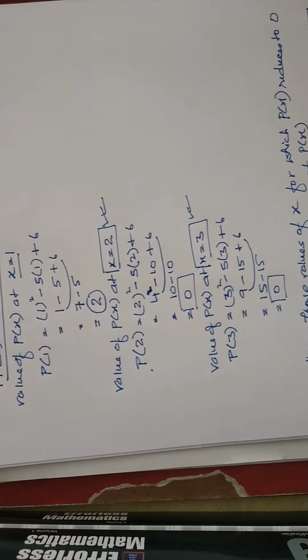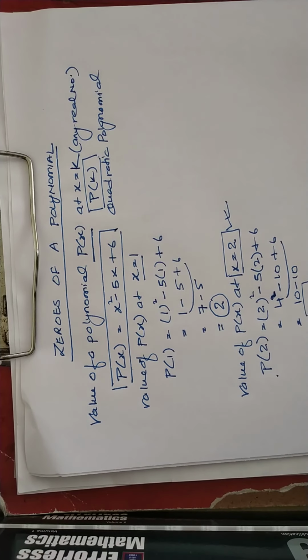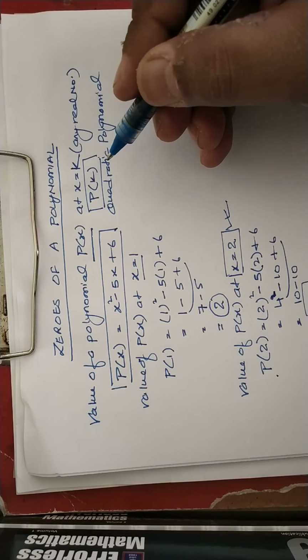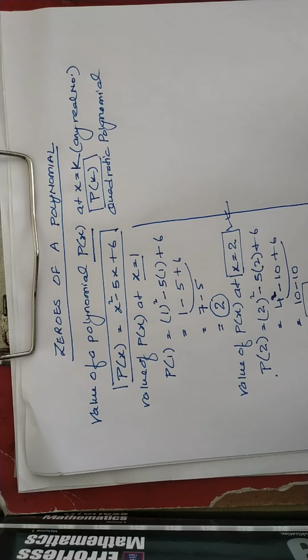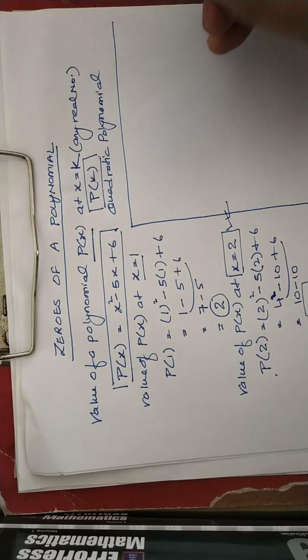So the basic thing about the zeros of a polynomial is that the degree of the polynomial determines the number of zeros.